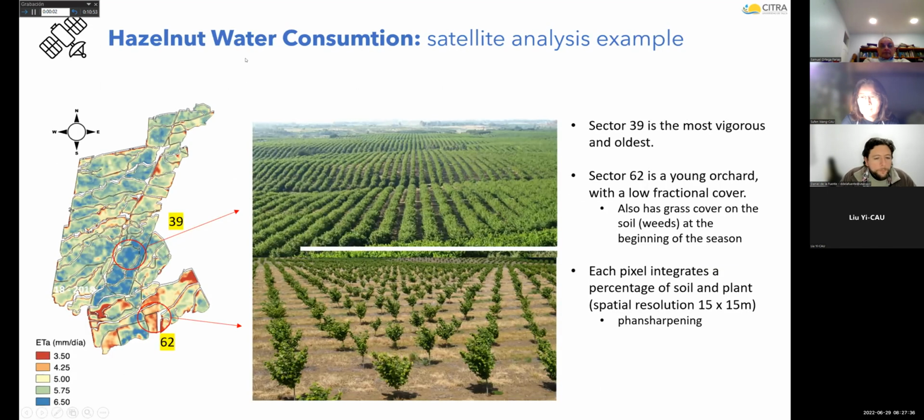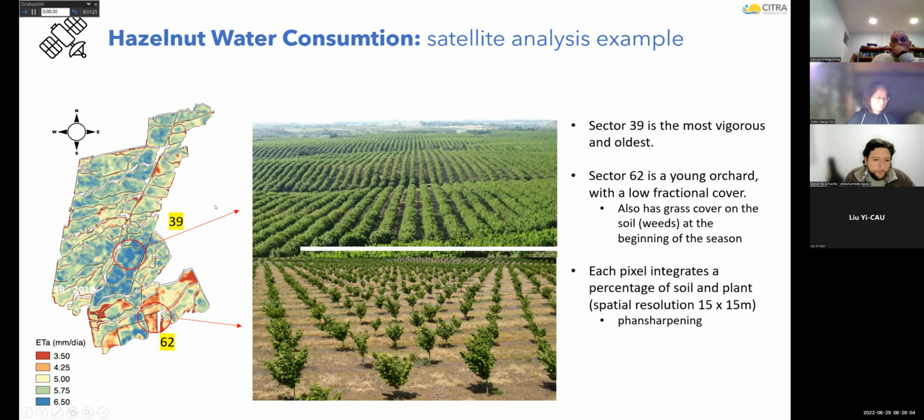When we analyze different plots in the largest orchard, we analyze two sectors, 39 and 62. The first sector is the most vigorous and oldest in this field, with a different architecture.